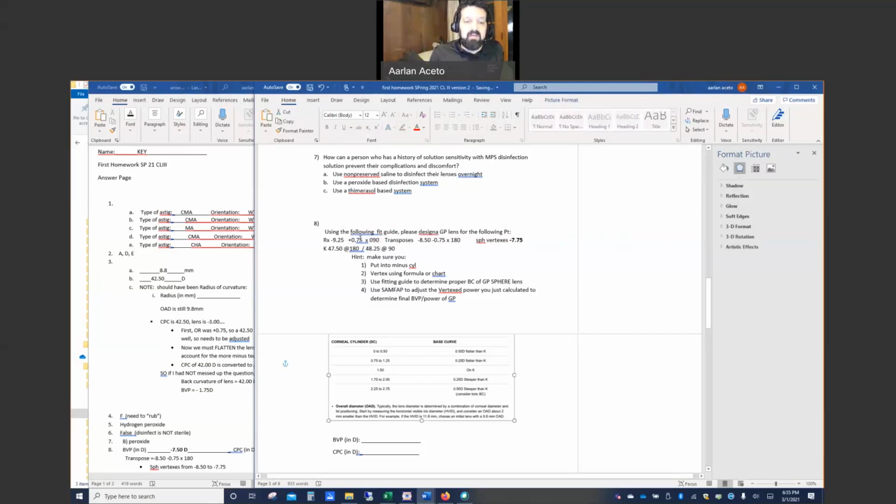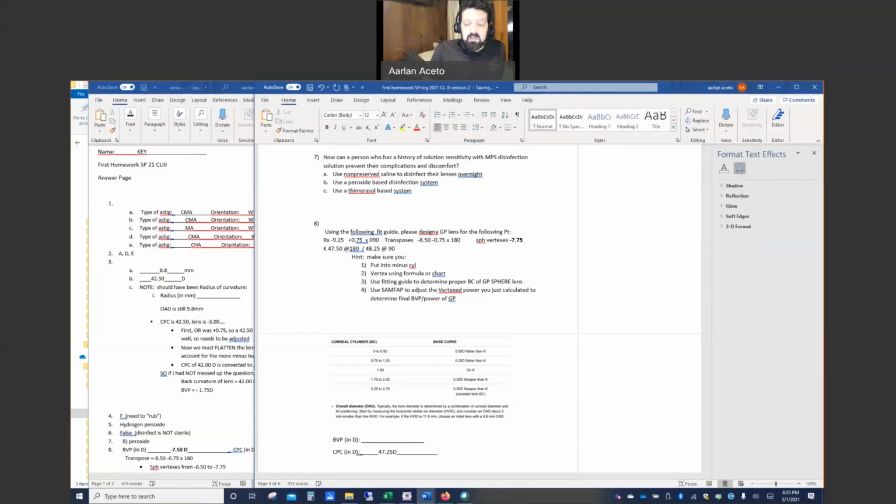What's the flattest K value? 47.50. The back vertex power then is going to be a quarter flatter. So it's 47.25 diopters. And then the CPC, I'm sorry, that 47.25 diopters is the back curve. I apologize. That's my CPC. But now we vertex it, we put it a minus.